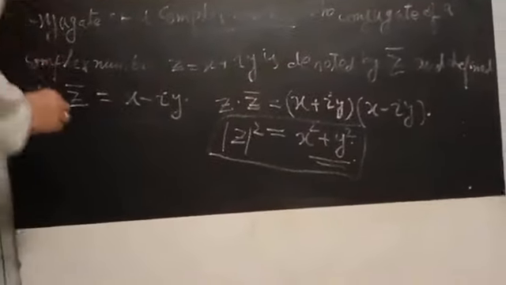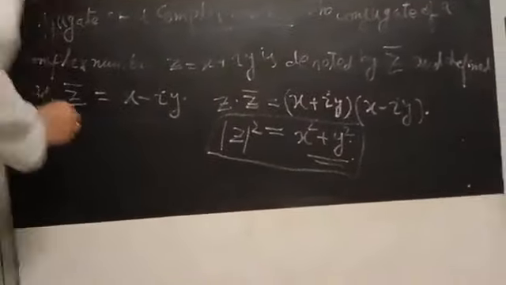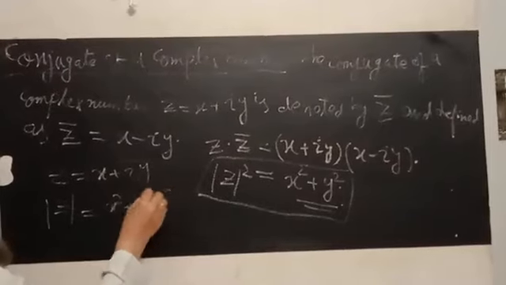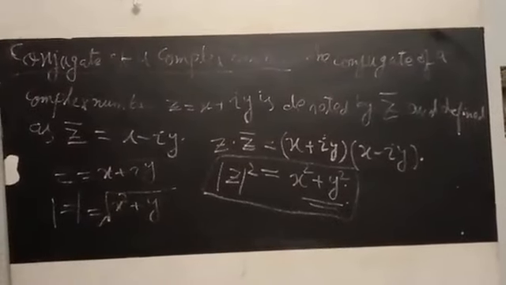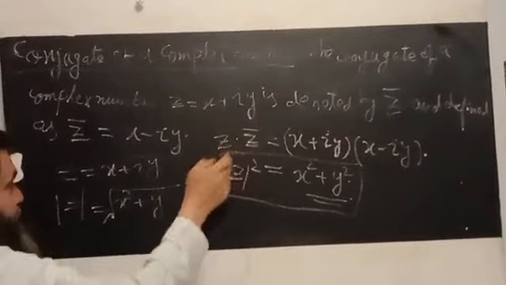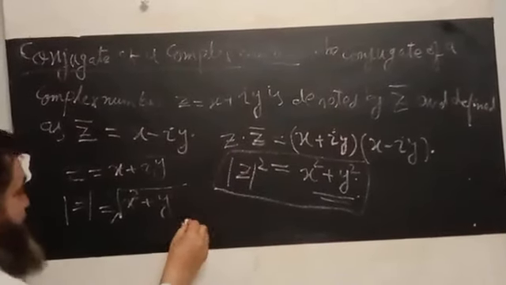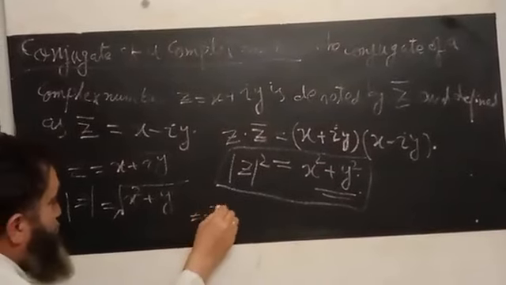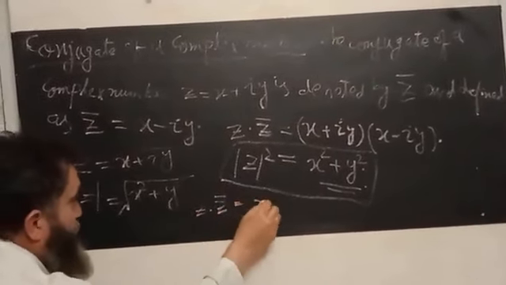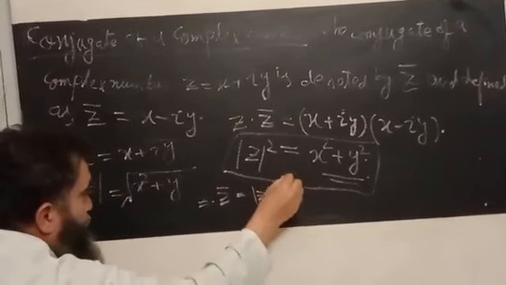That is, if we have a complex number z is equal to x plus iota y, then its modulus is defined as the square root of x square plus y square. Therefore, z into z conjugate is equal to modulus of z whole square. So this is another definition: z into z conjugate is equal to z mod square.